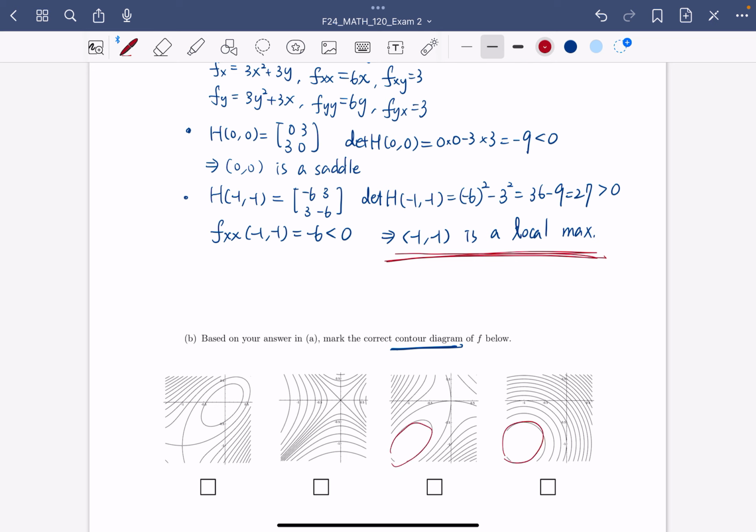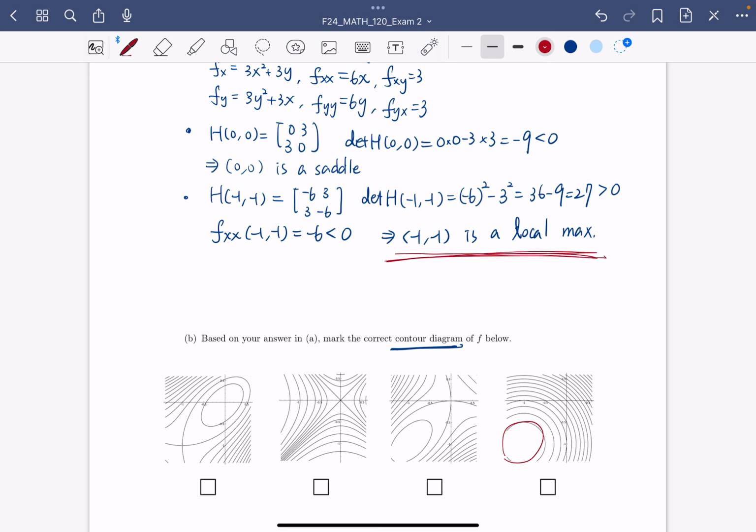It's not quite concentric circles, but if you draw this with more details, then maybe we'll see concentric circles.